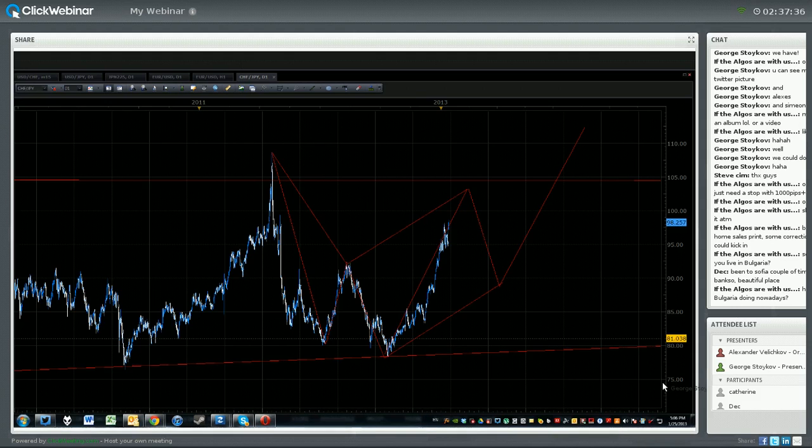How is Bulgaria doing? Bulgaria is not doing so good. I mean, much better than the rest of Europe, to be quite frank, from the perspective that we are so poor that we cannot get poorer, so it doesn't make much of a difference for most Bulgarians what happens. On the bright side, now the Greeks are as poor as us, so we don't feel so bad about ourselves. That is just bad taste for a joke, but to be quite frank, I'm very happy with Bulgaria.